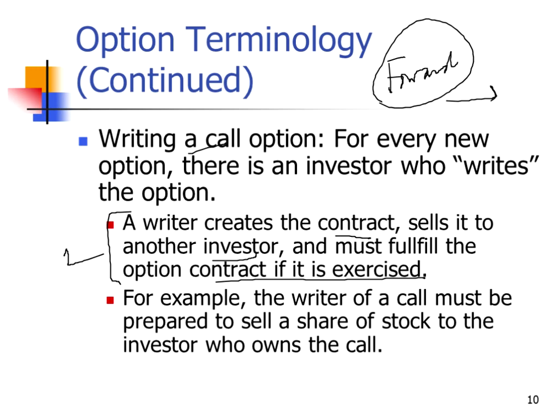But even otherwise, if you simply write it on a piece of paper which is notarized, or which has gone through legal process, that is also an option. For example, the writer of a call must be prepared to sell a share of stock to the investor who owns the call in case the option is exercised, or be ready to pay the difference in money in case the option is exercised.